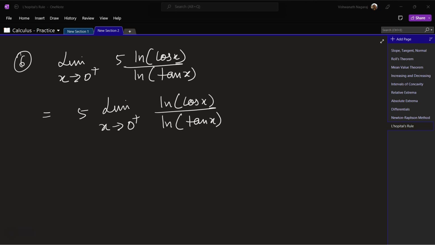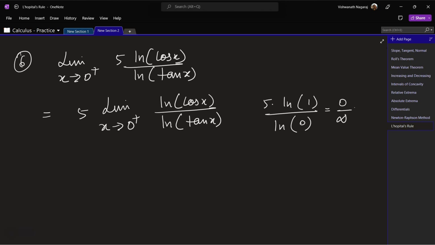Here again, if we do direct substitution, we get 5 natural log of cos 0, cos 0 is 1, divided by natural log of tan 0, tan 0 is 0, which gives us natural log of 1 is 0 divided by infinity.